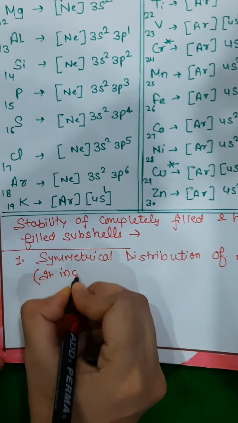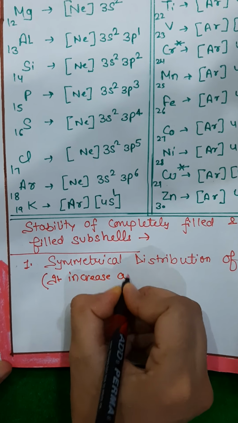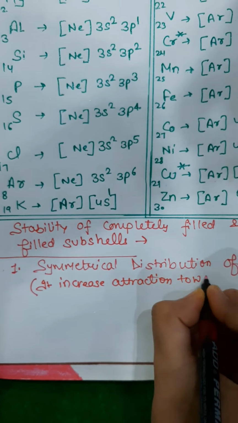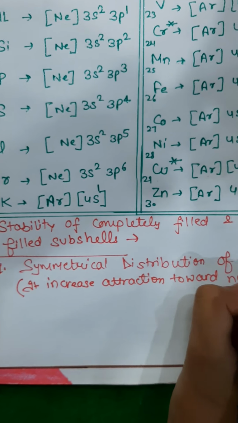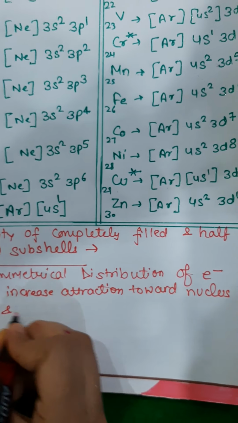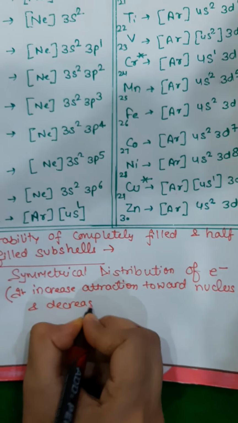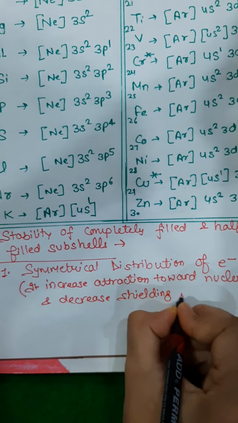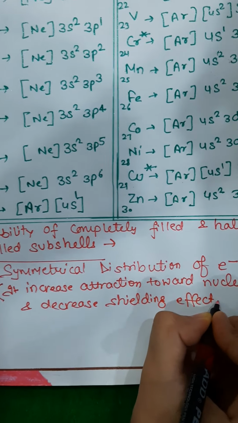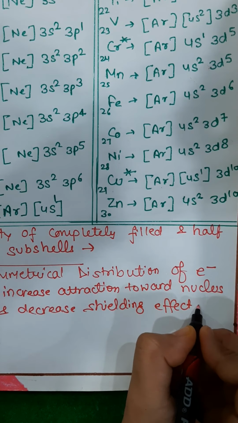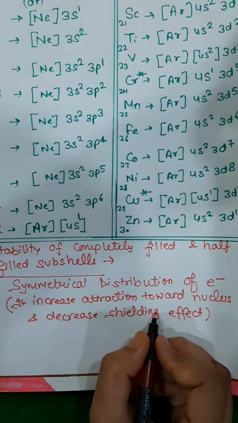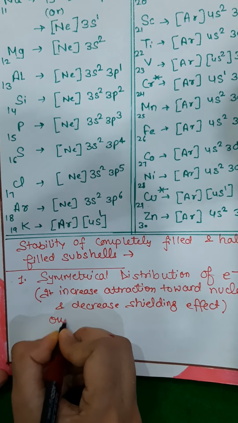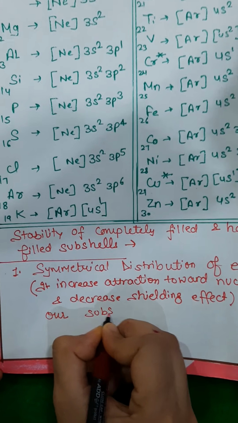It increases attraction toward nucleus and decreases shielding effect. When it increases the attraction toward the nucleus and decreases the shielding effect, our subshells become stable.